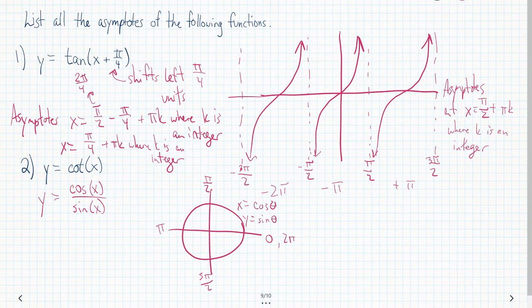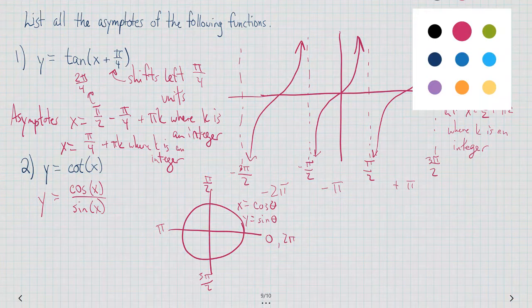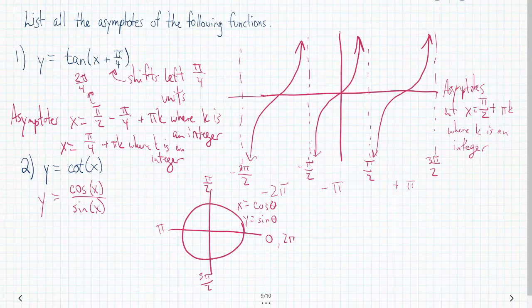So here's the deal. When is this equal to 0? All right? Well, it's when the y value equals 0 on this unit circle. Well, it's here and here, and all multiples of it. So you notice you go 0, pi, 2 pi, 3 pi, right? And then we go 4 pi, so on and so forth, right?